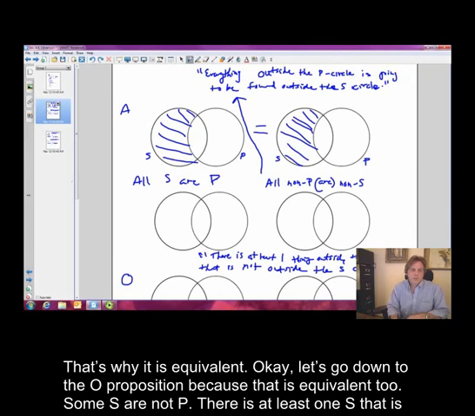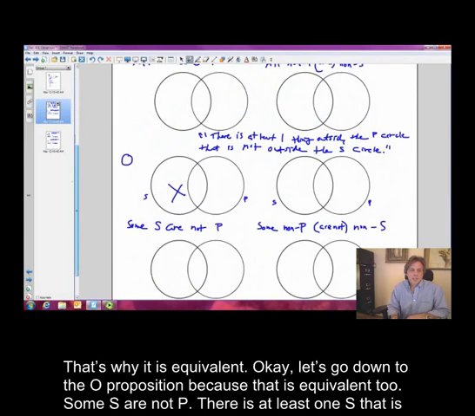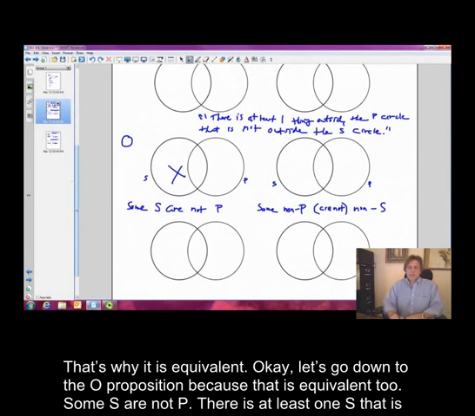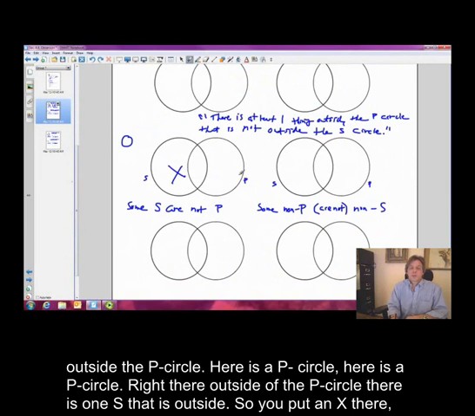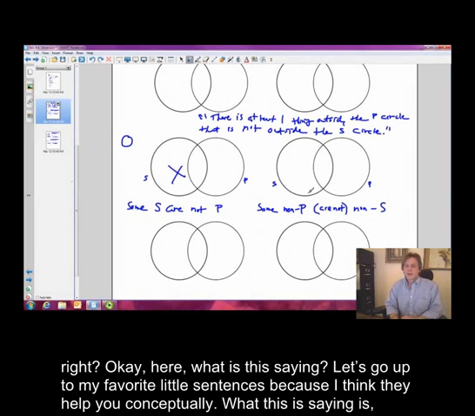So this is empty, and they're the same. That's why it's equivalent. Okay, let's go down to the O proposition, because that is equivalent to some S are not P. There's at least one S that is outside the P circle. Here's P circle, here's P circle. Right there, outside of the P circle, there's one S that's outside. So you put an X there, right? Okay, here, what is this saying? Let's go up to my favorite little sentences, because I think they help you conceptually.